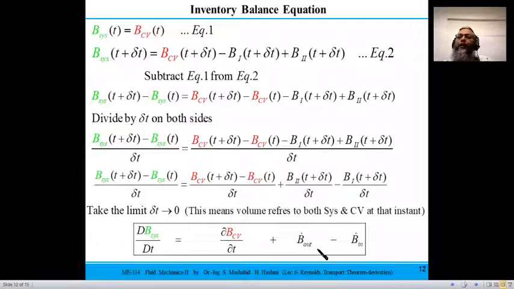That is actually the basis of the Reynolds transport theorem, this inventory equation, which relates the system to the control volume interconversion. Our laws are written in terms of the system, which can be represented for a control volume, where some mass can come in, some mass can leave.